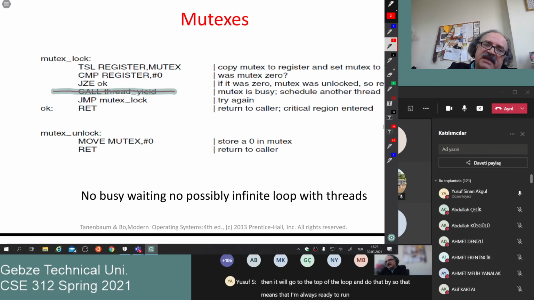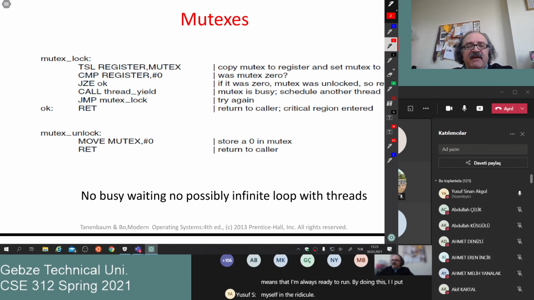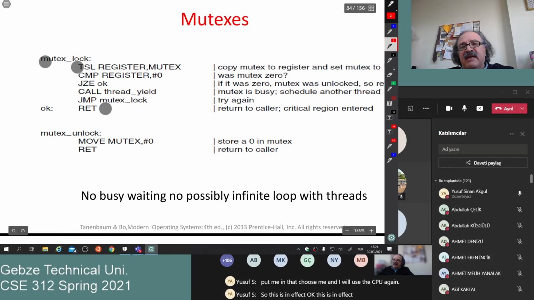By doing this, I put myself in the ready queue. Whenever the other threads are done, the scheduler will choose me, and I will use the CPU again. So this is in effect a spin lock, but a much more efficient spin lock.